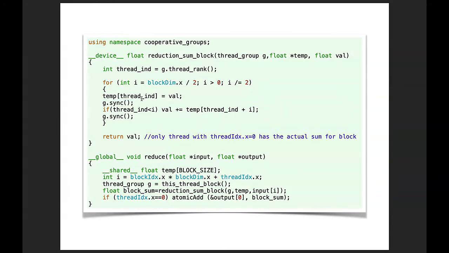Basically, instead of using sync threads, I'm using the .sync methods. This hasn't changed otherwise. But the main thing here is that this function is now capable of synchronizing not necessarily over the entire block, but over whatever group of threads you pass to it. So this function has become much more general.